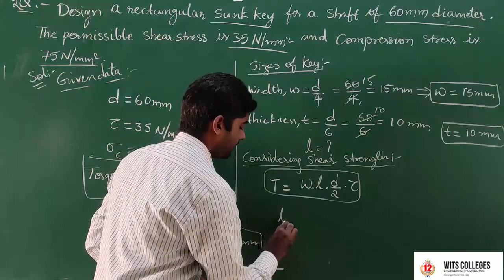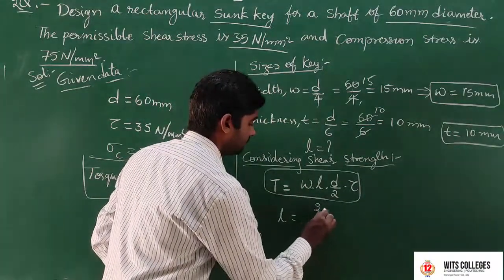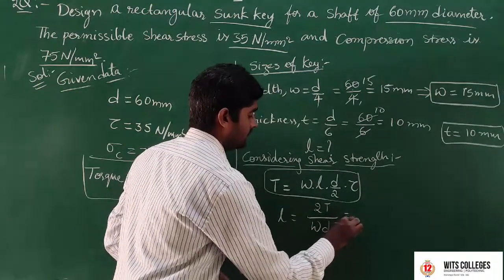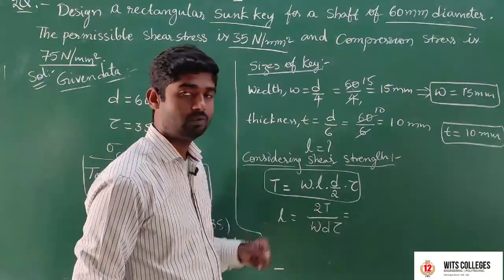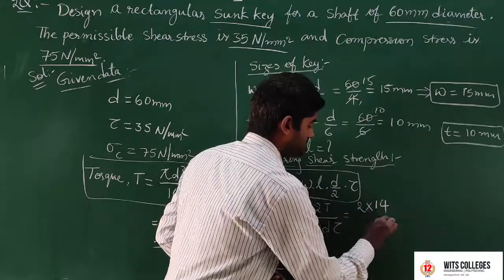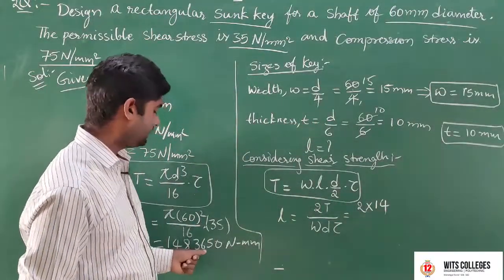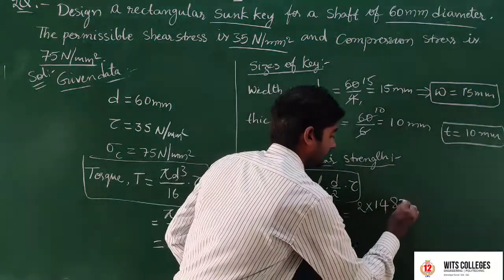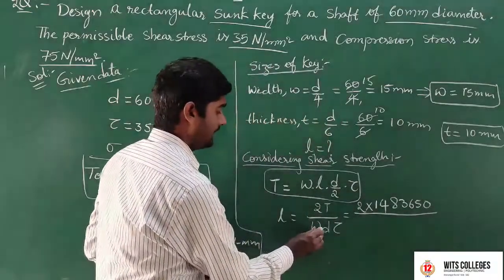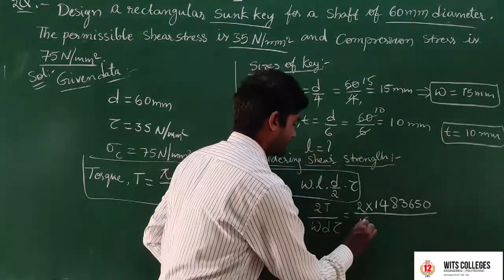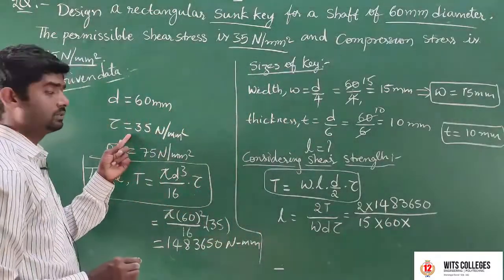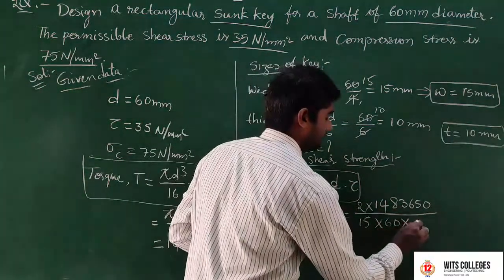Then L is equal to 2T by W D tau. Okay, substitute the T, W, D, tau values. T we already know: T is equal to 1483650 by W, which is 15, into 60 into tau, which is 35 Newton per mm square.